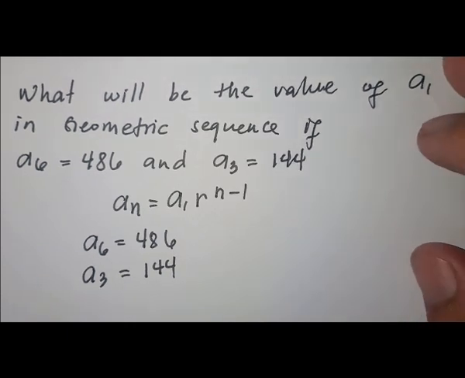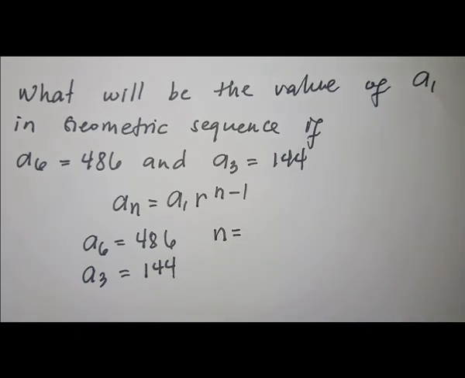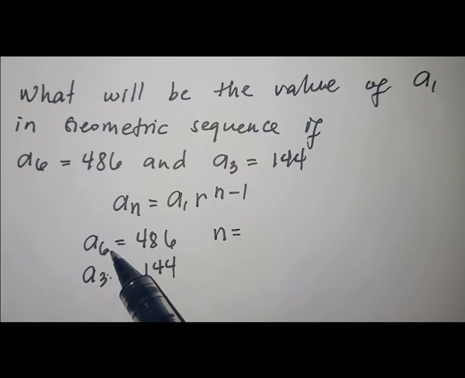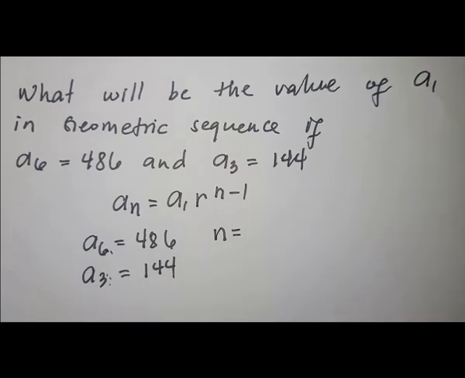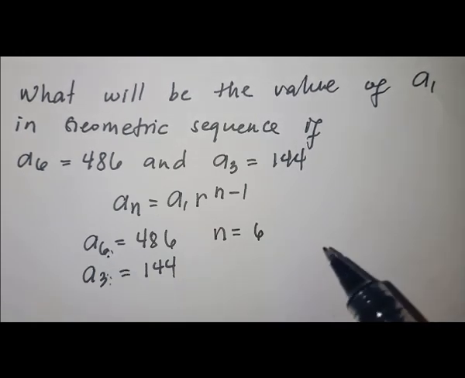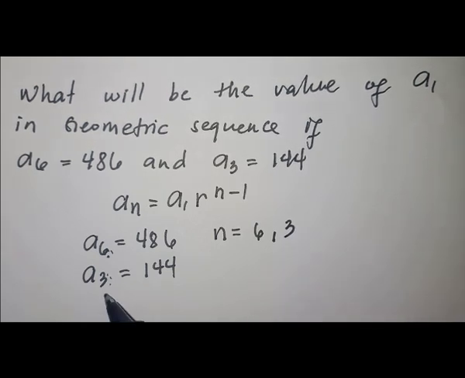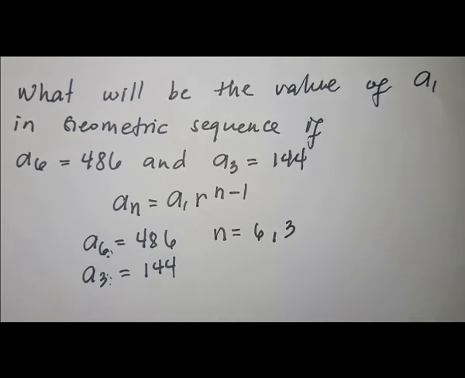Okay. So, ano yung possible value ng n? So, dahil dalawa yung given term na meron tayo, pwede nating sabihin na pwedeng ang maging value ng n natin either 6 kung gagamitin natin yung a sub 6 or 3 kung gagamitin natin yung a sub 3.